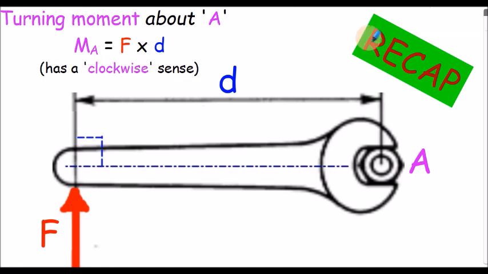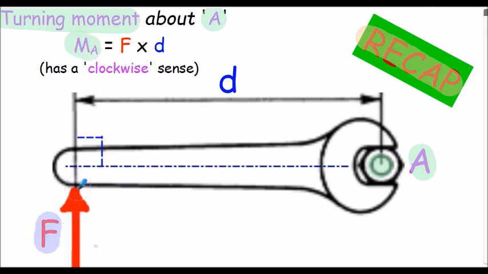As a recap slide, if we now consider the turning moment about point A, labelled here, again the moment about the nut is calculated from the formula MA is equal to the force applied here at the end of the spanner, labelled F, multiplied by again the perpendicular distance the force is applied from the point of rotation, d.